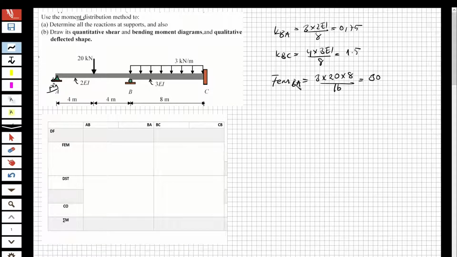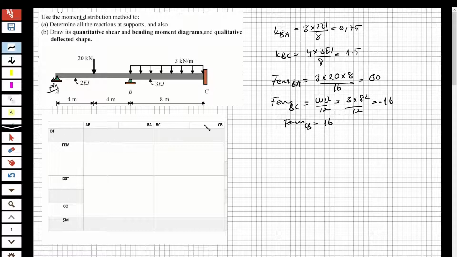And for fixed end moment BC, it's going to be WL square over 12. So 3 multiplied by 8 square over 12. And this is going to be minus 16. Fixed end moment CB equal to 16.